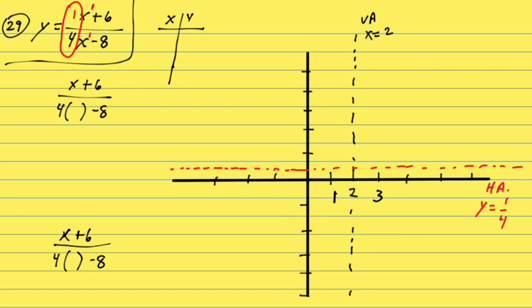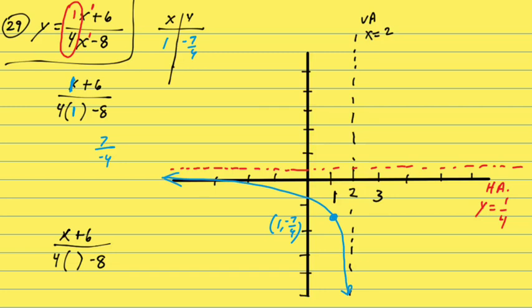Something to the left of 2, like a 1. If I put a 1 in, what do you get? 7 over negative 4. So 1 gives negative 7/4, and it curves asymptote to asymptote.